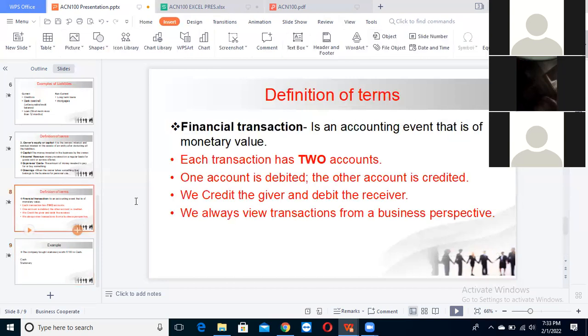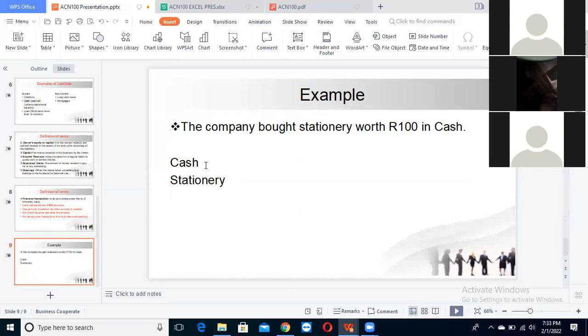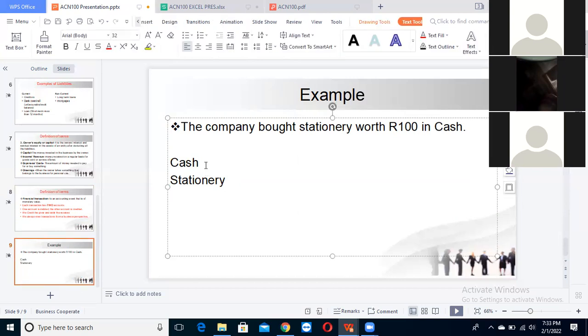One account is debited, the other account is credited. How do we know which account to debit and which account to credit? I have said the golden rule is we credit the giver and we debit the receiver. The giver of what? The giver of cash. Because from a business perspective, what we are giving away is cash. So we credit the giver. When we say we credit the giver, we know in that particular instance that to buy stationery, we are using cash.